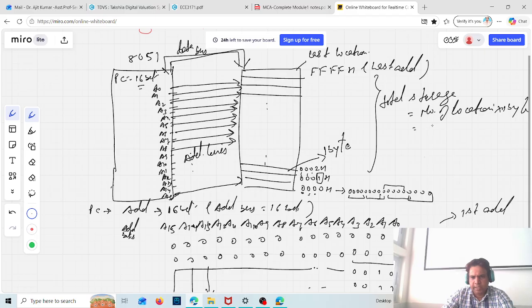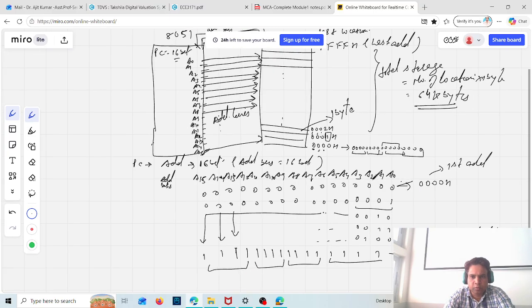So that will actually be 64 kilobytes. This is the total capacity of the memory chip that can be interfaced with your 8051 microcontroller. Fine. So this is the total memory chip capacity.